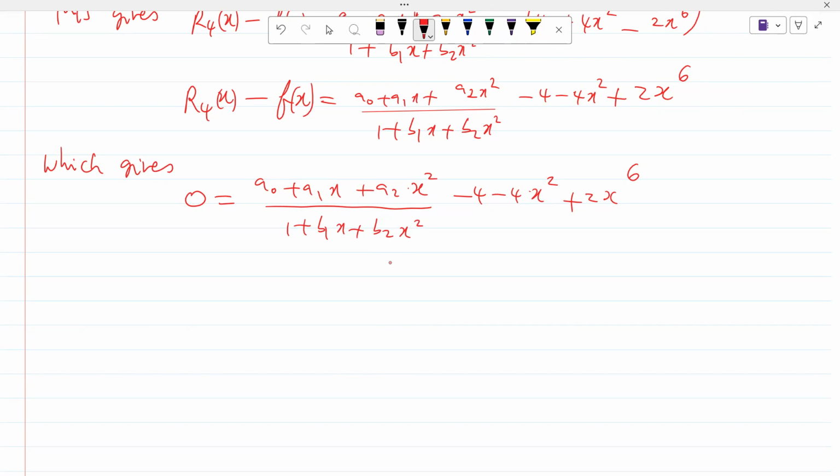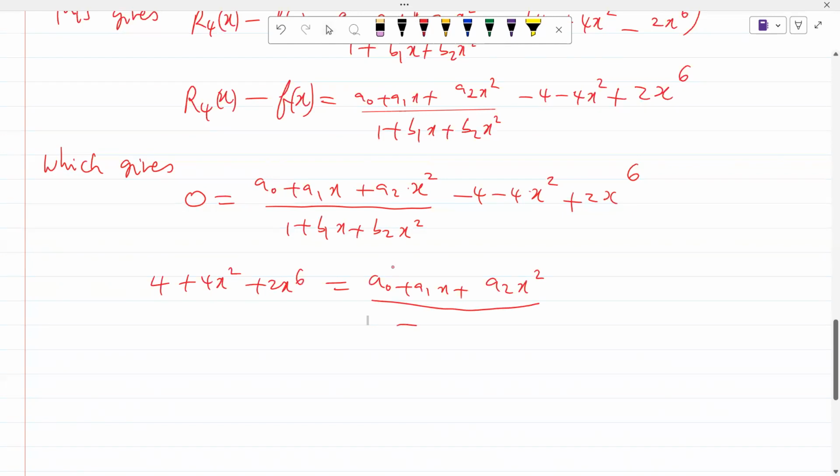So we multiply out here, we do what we can. We can take across the 4 plus 4x squared plus 2x to the 6th power. I've taken these from the other side, making them positive. And then now you have a naught plus a1x plus a2x squared, you divide everything by 1 plus b1x plus b2x squared.